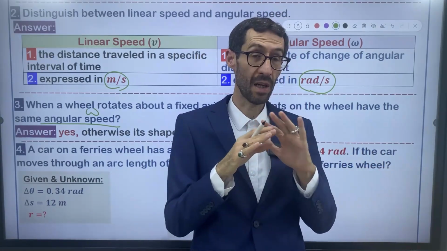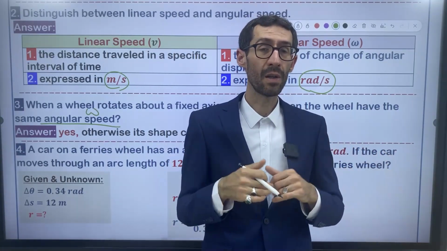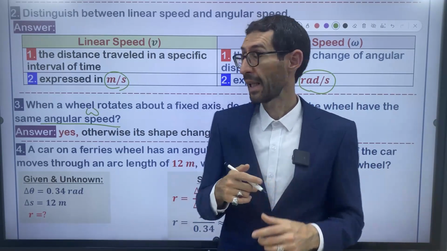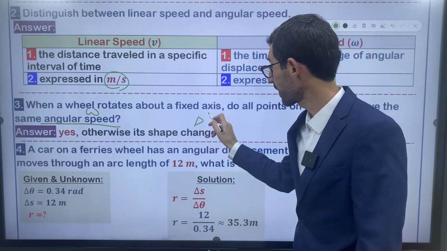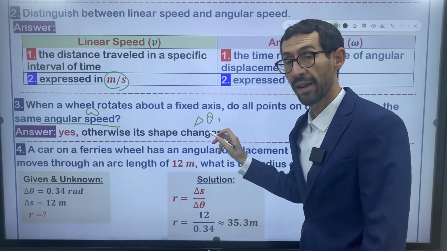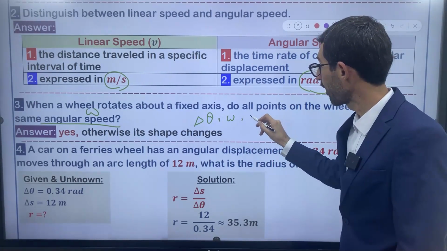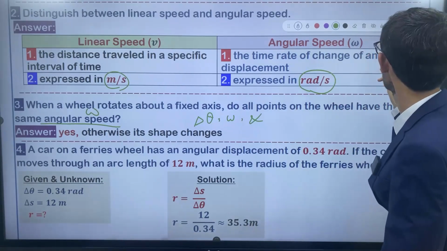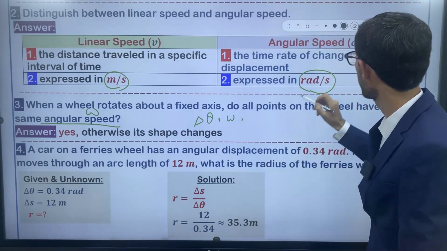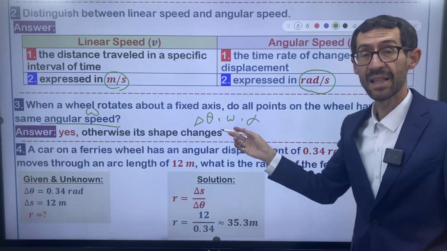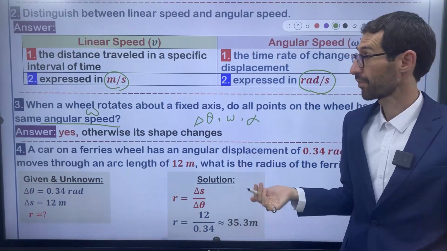Teacher, what is the angular information? Let me jog your memory. Delta theta, omega, and alpha remain unchanged because they are angular information.